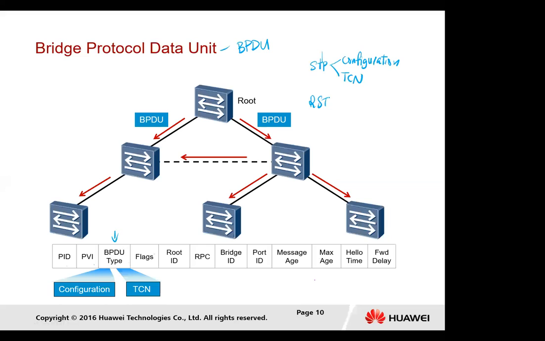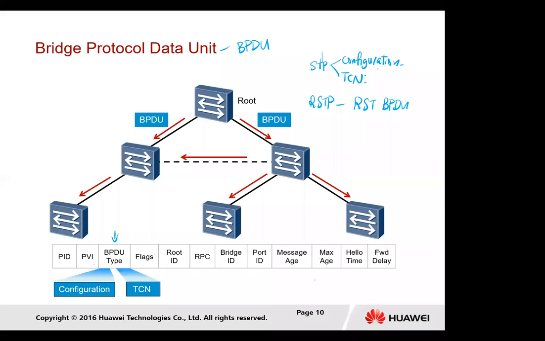For RSTP, there is only the RST BPDU. That will be the difference. So on spanning tree, they need to send the configuration BPDU as well as the TCN BPDU under different scenarios. It depends on what type of environment you are in at the moment. But normally, they will just send the configuration BPDU.